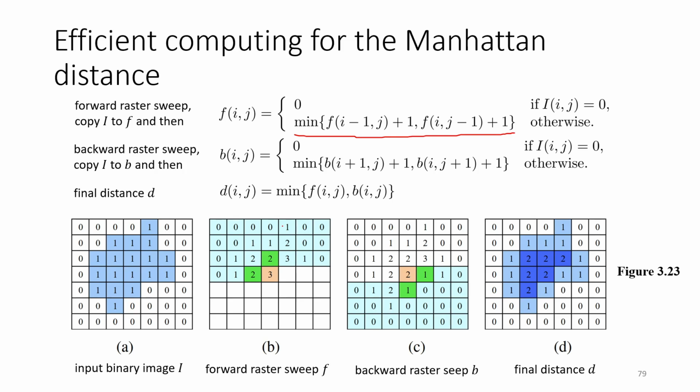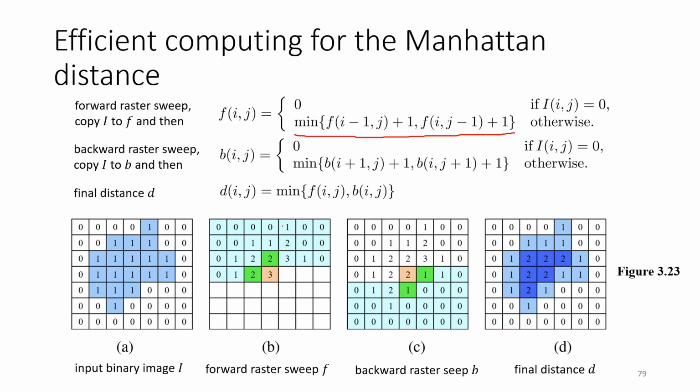It will go through all of the pixels using this rule. In the second pass, it will go through every pixel, but from the bottom right corner and go back to here. After the 2 passes, you will get the F and the B maps. Then you just need to compute the minimum value between the 2 maps and get the final distance d.